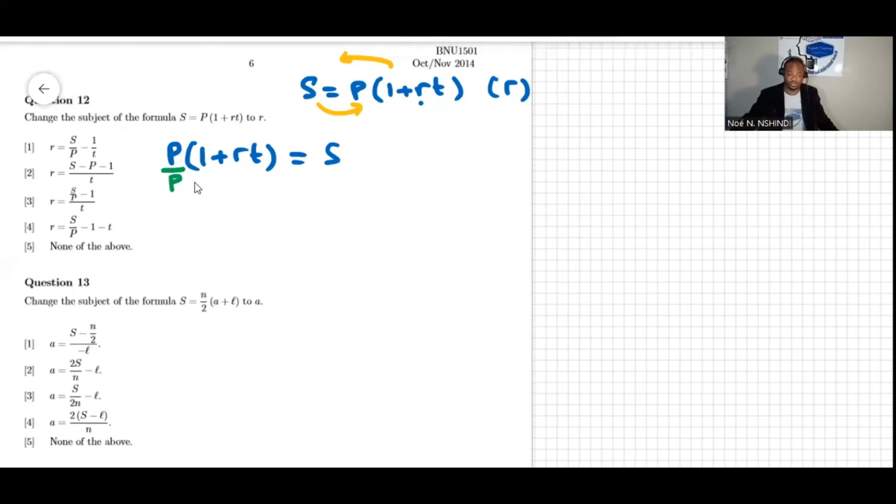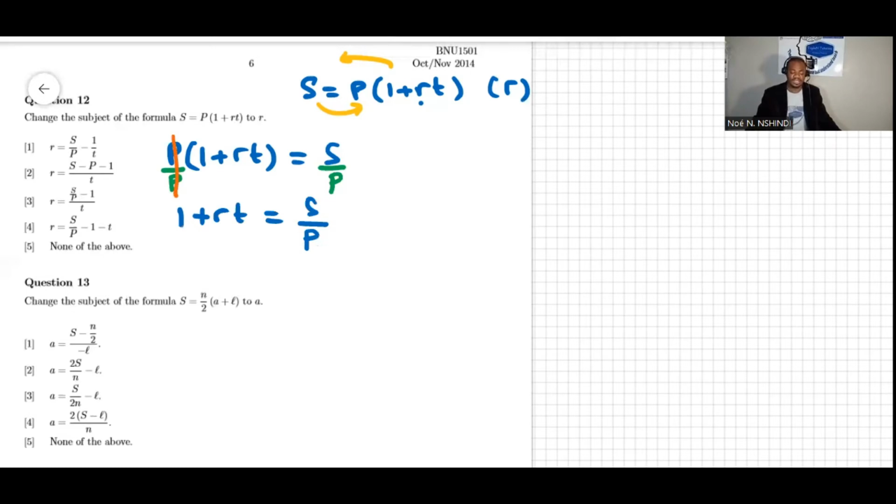So the inverse operation for the product is divide. I divide here by P, and then I'll divide there also by P, knowing that P divided by P will cancel out. I am left with 1 plus RT equal to S over P.